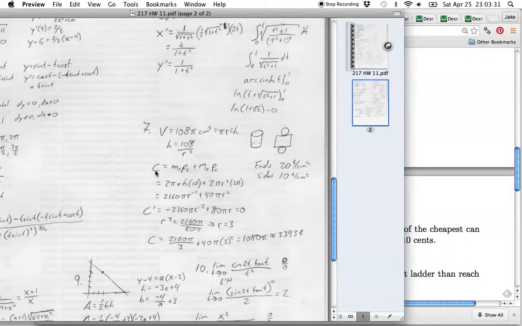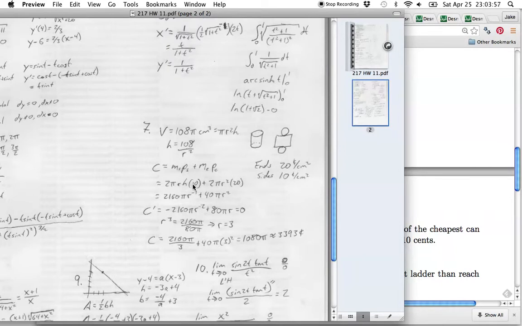Now my cost function should say that it's the material of the sides times the cost of those materials per unit, plus the material of the ends times the cost. The material for the sides is this rectangle, right? Which is 2 pi r, that's the circumference, that gives us this length here, and then the height.